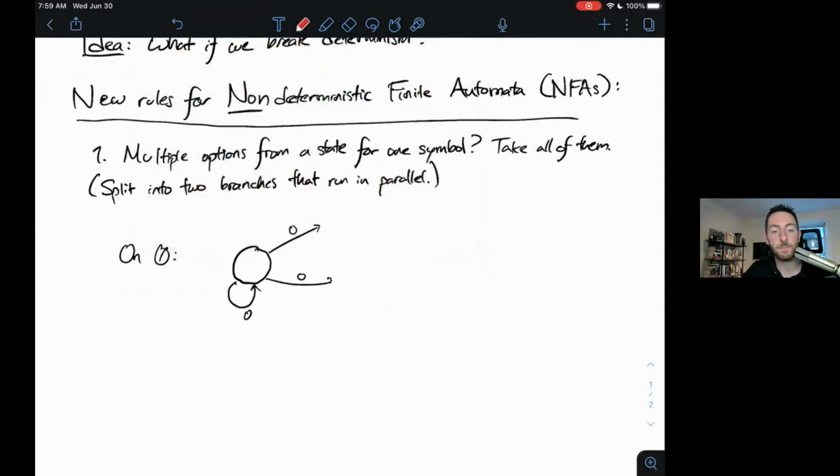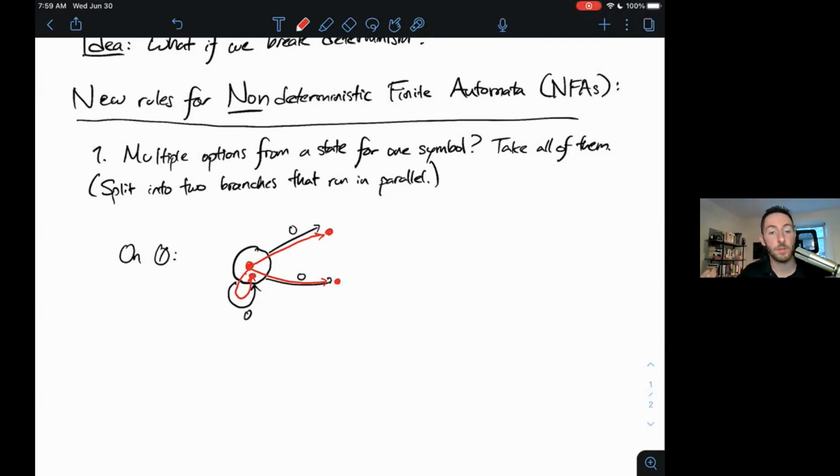If I'm tracking what a non-deterministic finite automaton does in this situation, I say, well, okay, I start in this state, I take this edge on a 0, I take this edge on a 0, and I take this edge on a 0. And after that, in my next state, I've split into 3 branches, and I'm in 3 places at once. So I'm over here, and I'm where I started.